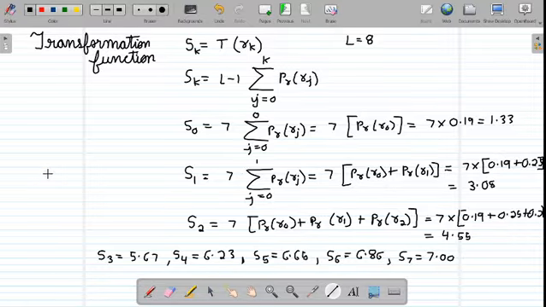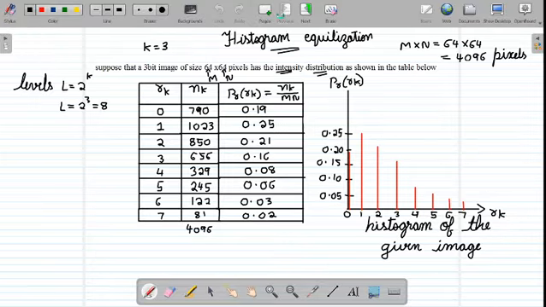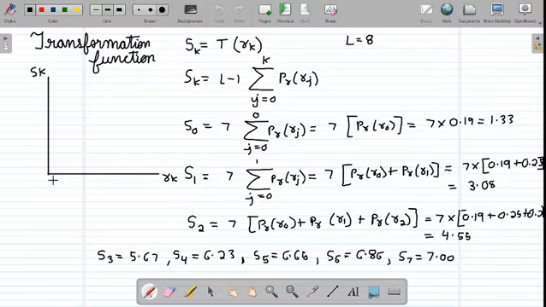Let's consider this as RK and this as SK. At the input you have 8 levels, 0 to 7, so add 0, 1, 2, 3, 4, 5, 6 and 7.